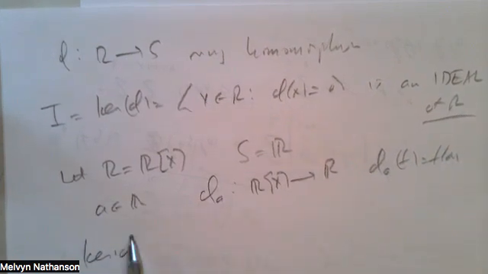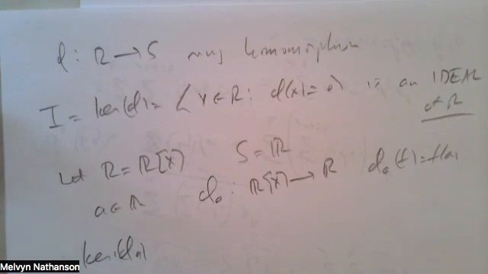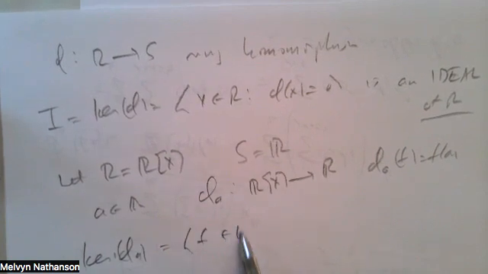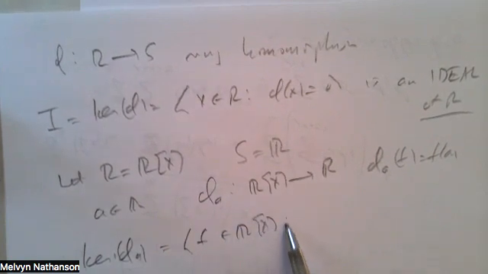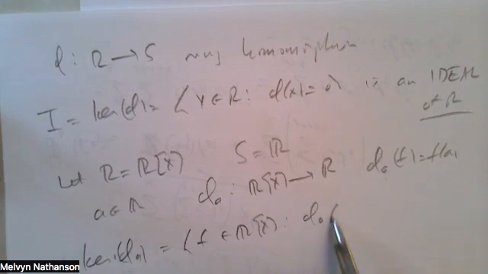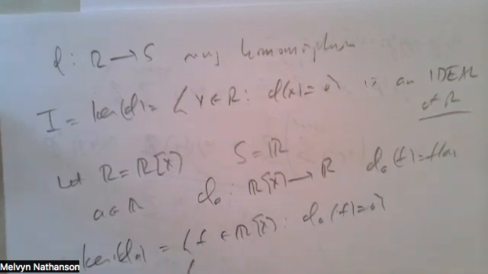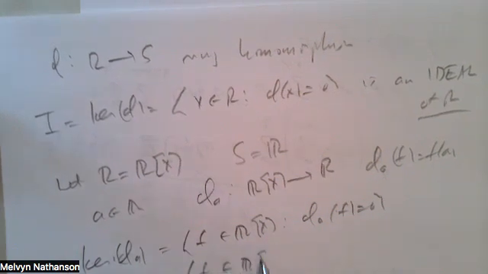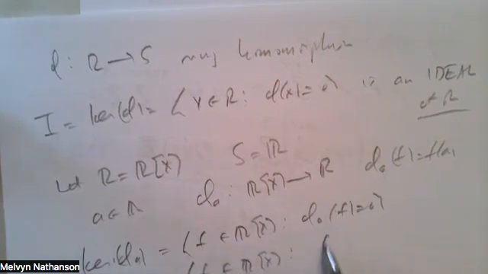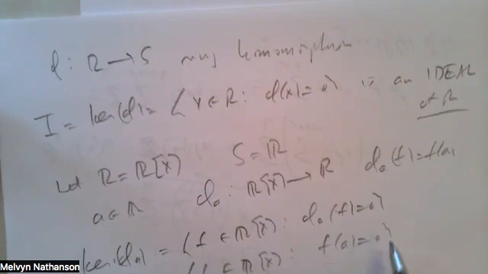So the kernel of this homomorphism is all f such that phi a of f is 0, which means all f such that f evaluated at a is 0.